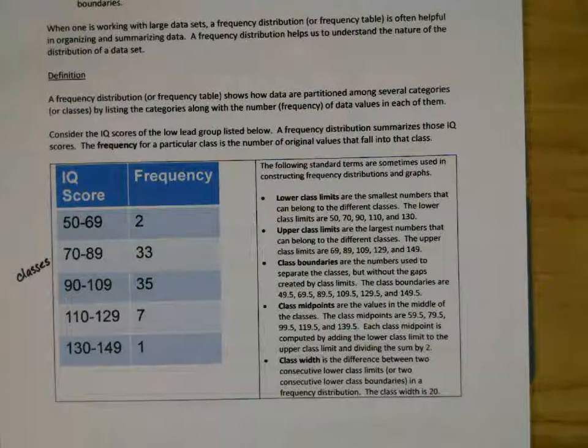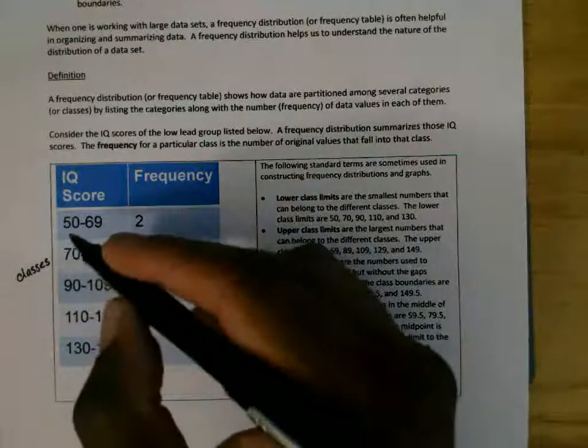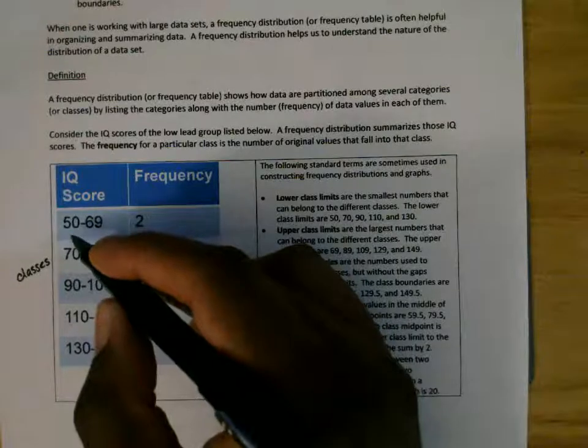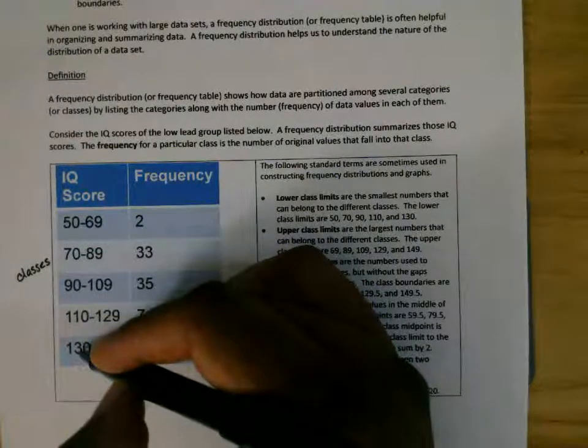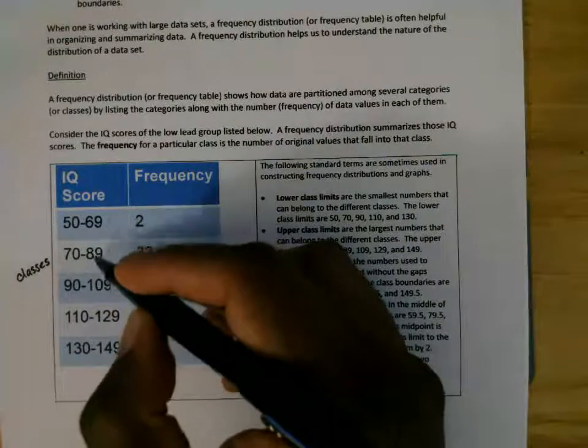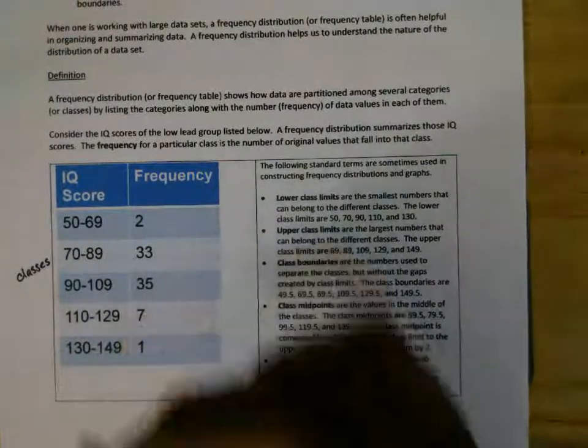Okay. And then next is the class boundaries. The class boundaries are the numbers used to separate the classes, but without gaps created by the class limits. Now, the way you get the class boundaries is this. You subtract 0.5 from each of the lower class limits and add 0.5 to each of the upper class limits.